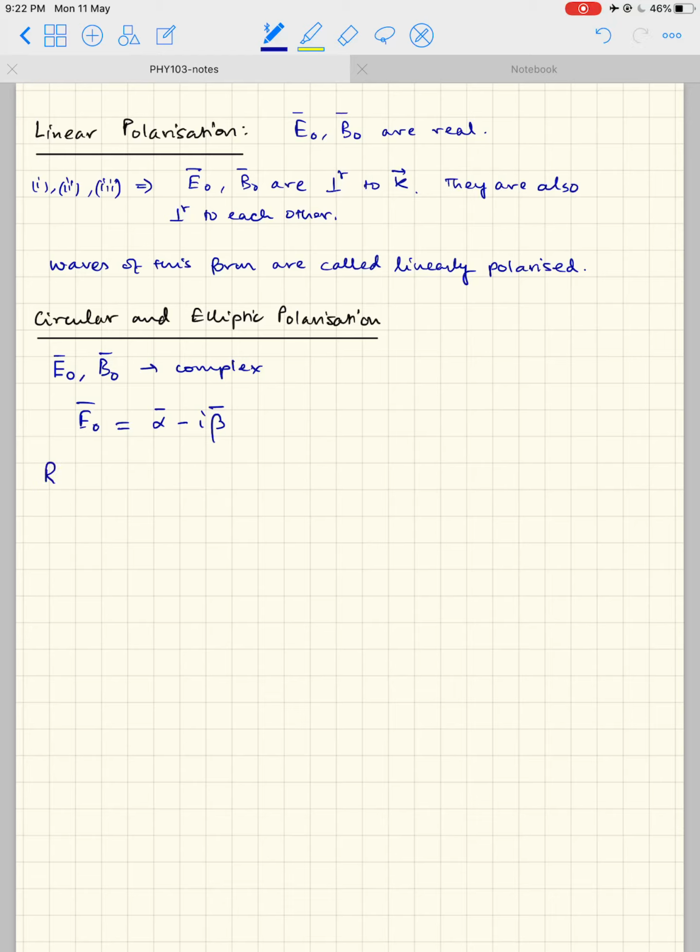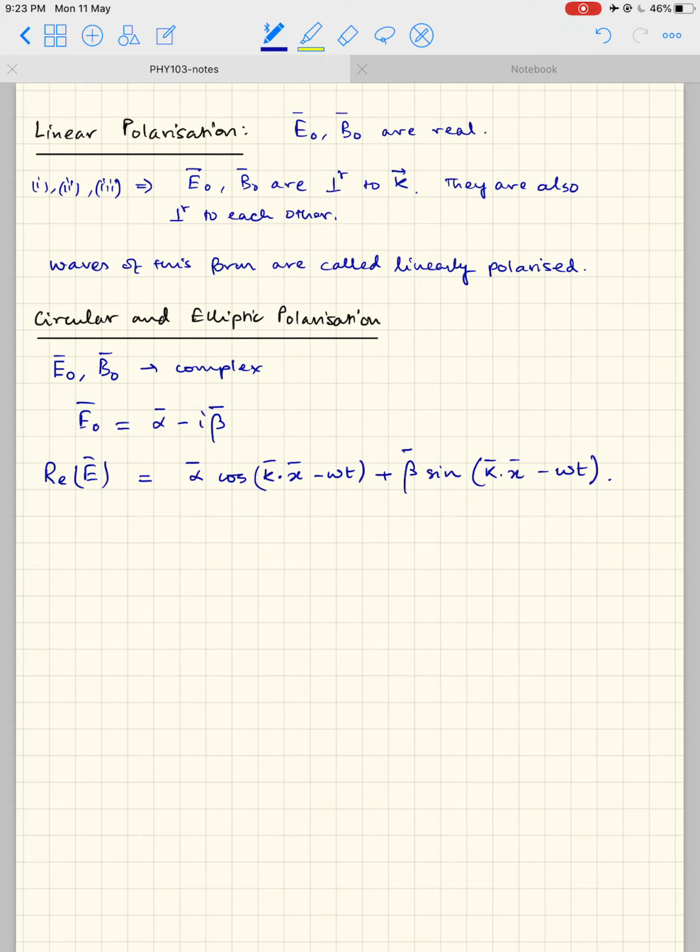The real part of E is then alpha cos of k dot x minus omega t plus beta sine of k dot x minus omega t.